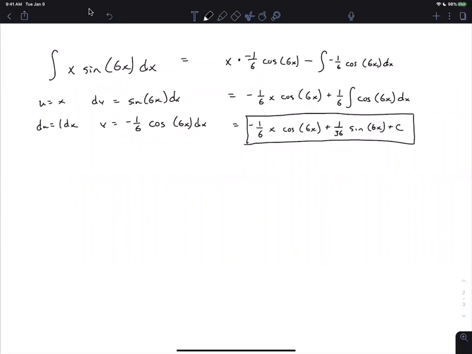Okay, so we should be getting that. Is that what we're getting? Questions on that?